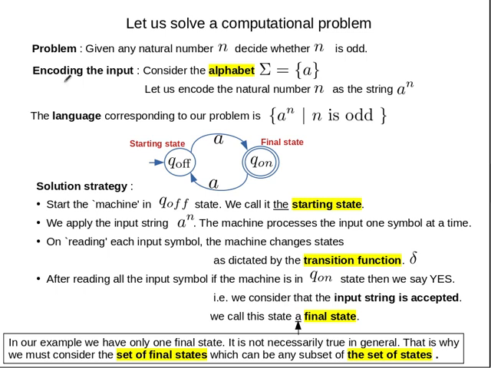So how do we encode the input here? Here we are just using unary encoding. Unary encoding means a natural number n will be encoded as n many consecutive a's. This is a symbol, and this whole thing is a string.